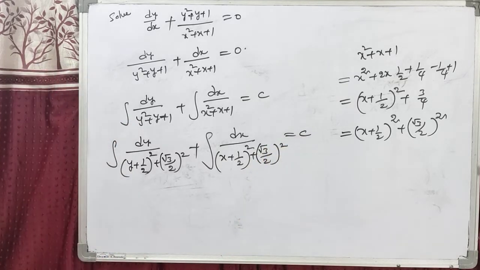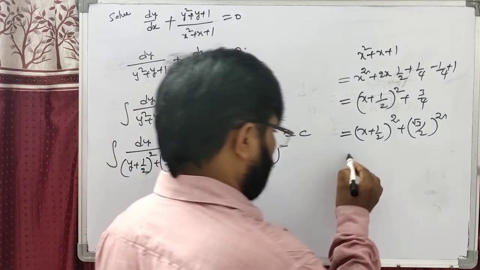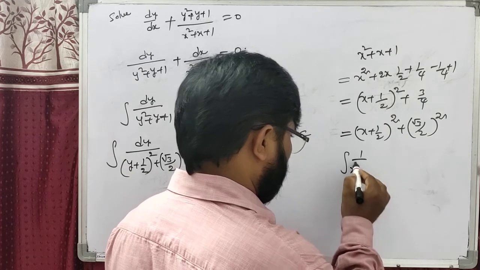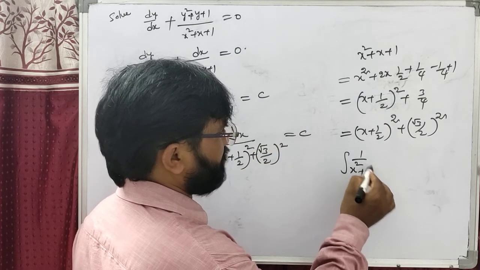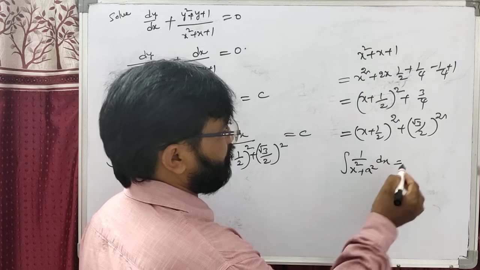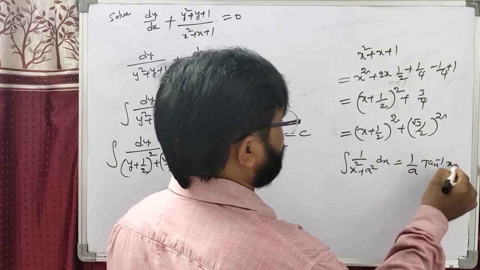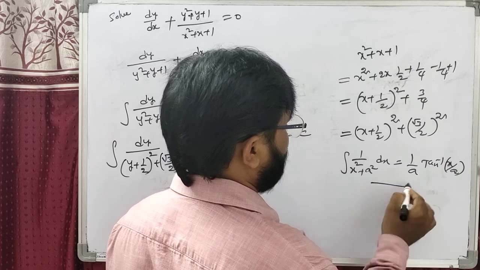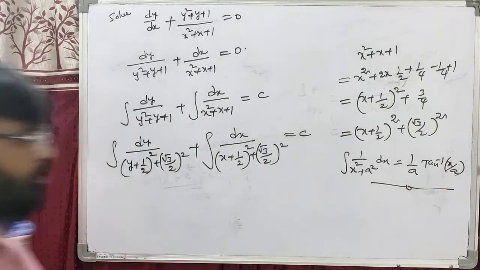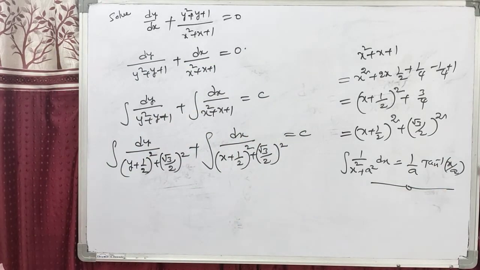Dear students, we have to compare this one. We know that the integral dx upon x square plus a square is of the form 1 by a tan inverse of x by a. What is the formula, students? 1 by a tan inverse of x by a.